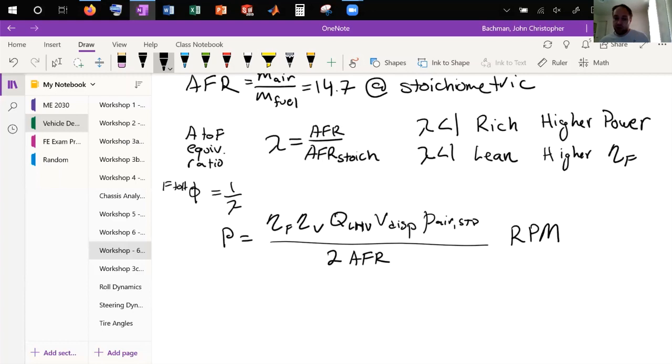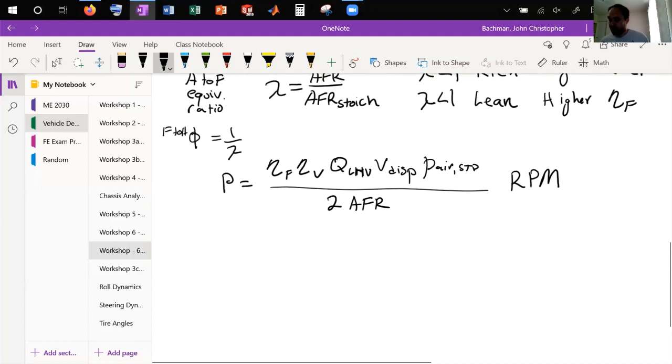This is going to give you weird units, because it's not going to give you horsepower, and it's not going to give you kilowatts, right? You have a per minute on the RPM. So if you want better units, you're going to have to do some conversions from minutes to seconds.